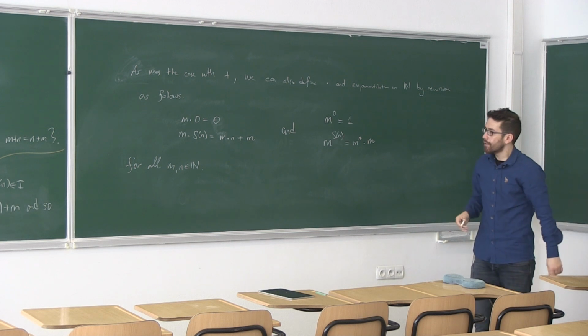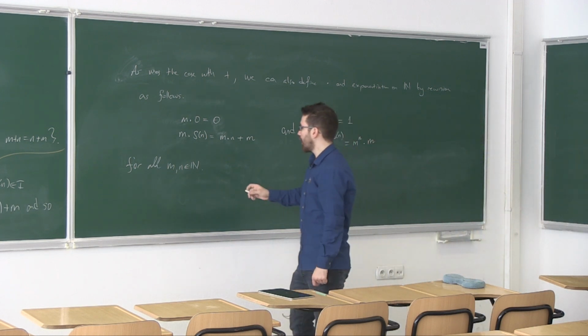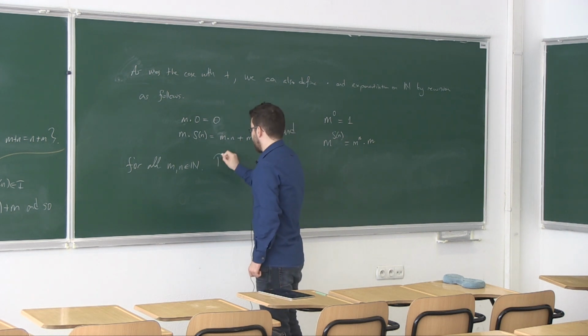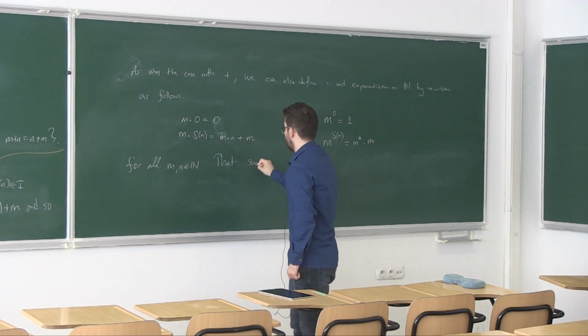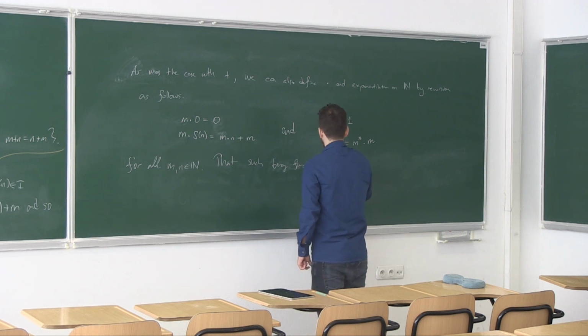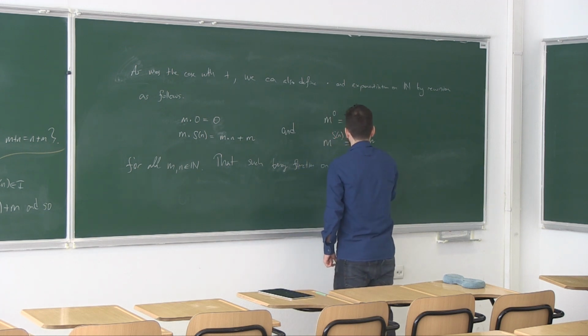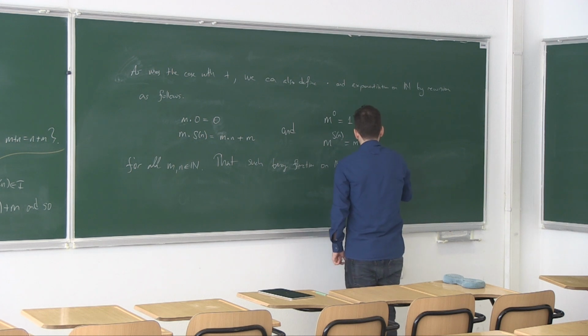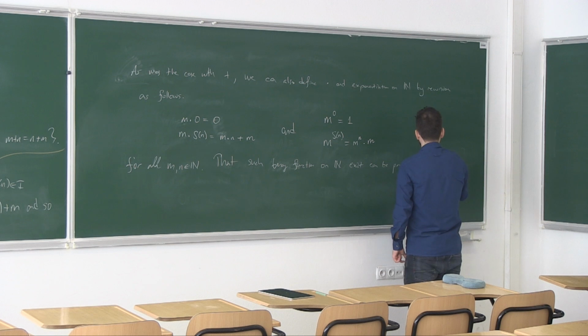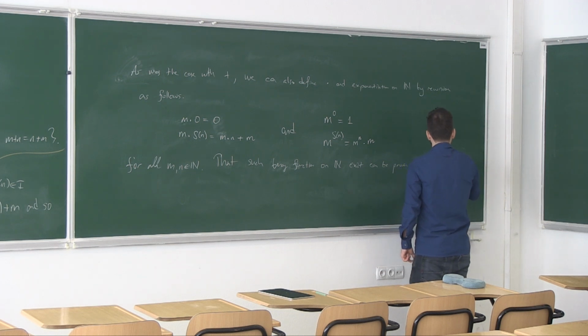This is fine. Now, let me write the following: that such binary functions exist, such binary functions on natural numbers exist, can be proven by the recursion theorem, okay?